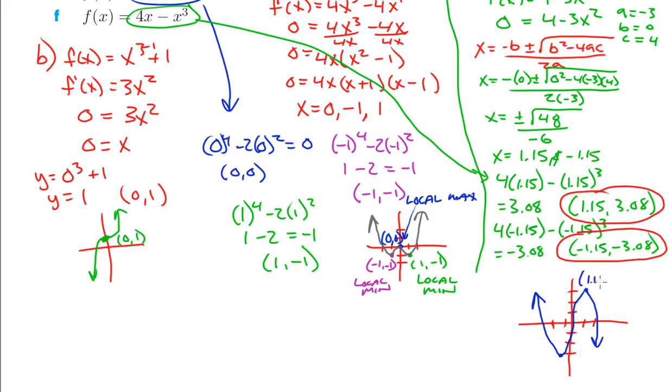So here's our 1.15 and our 3.08, and then here's our negative 1.15, negative 3.08 down there. So those are our two. This is a local max, right? And this is our local minimum. All right.